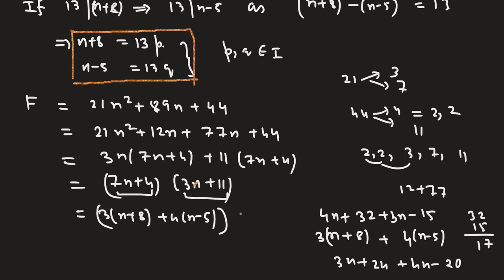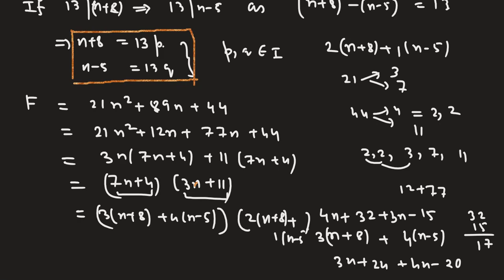Now coming to this part, this you can write as n plus 8 and n minus 5. So 11 I want to bring, so 2 and 1. So 2 times of n plus 8 and 1 times of n minus 5.